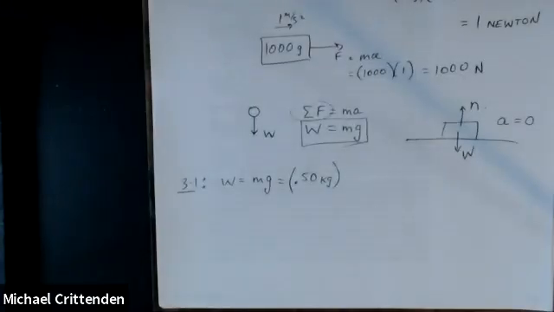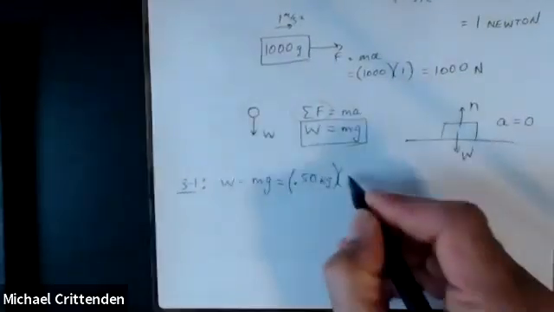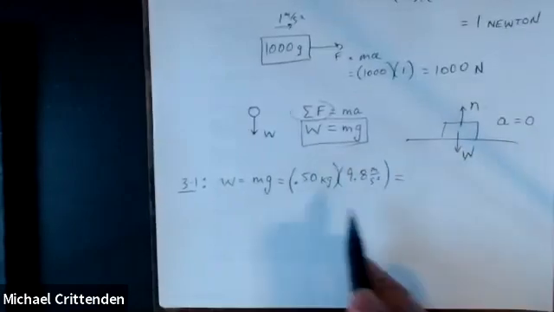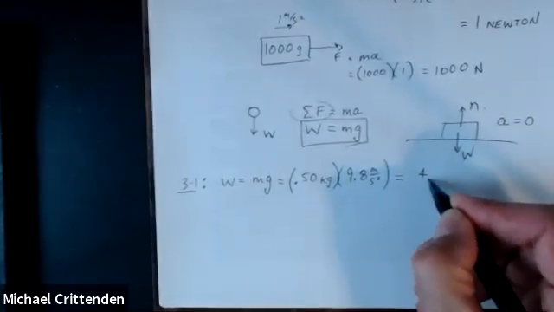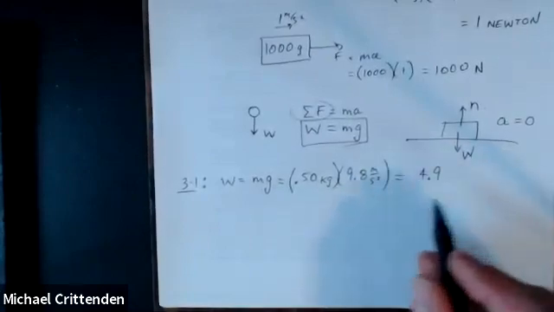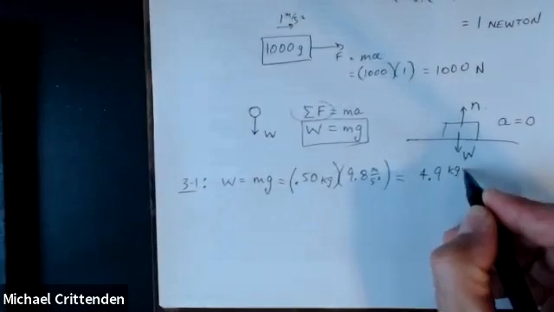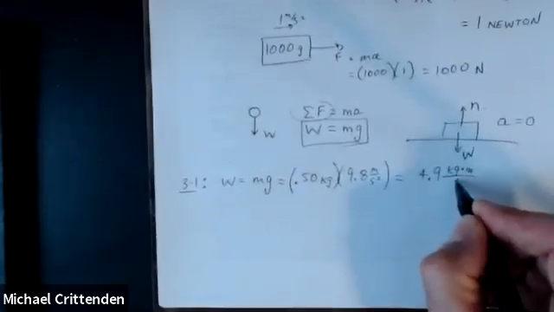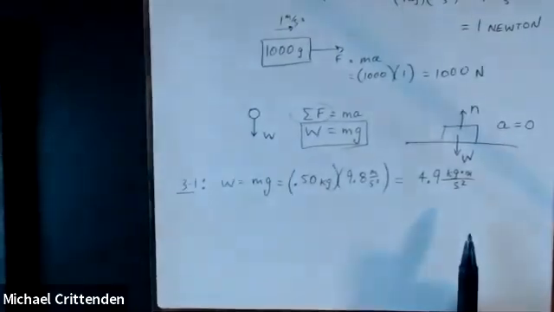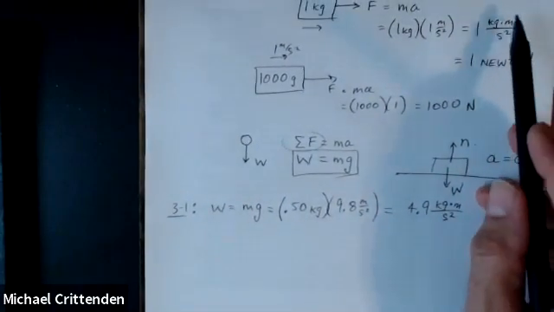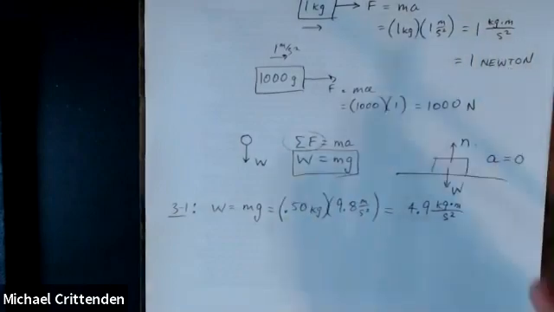So 500 grams is 0.5 of a kilogram times 9.8 meters per second squared. You multiply the numbers, half of 9.8 is 4.9. As for the units, this unit times those units is kilograms times meters per second squared, if you want to write it that way. But as I explained earlier, that combination of units is given a name of its own.